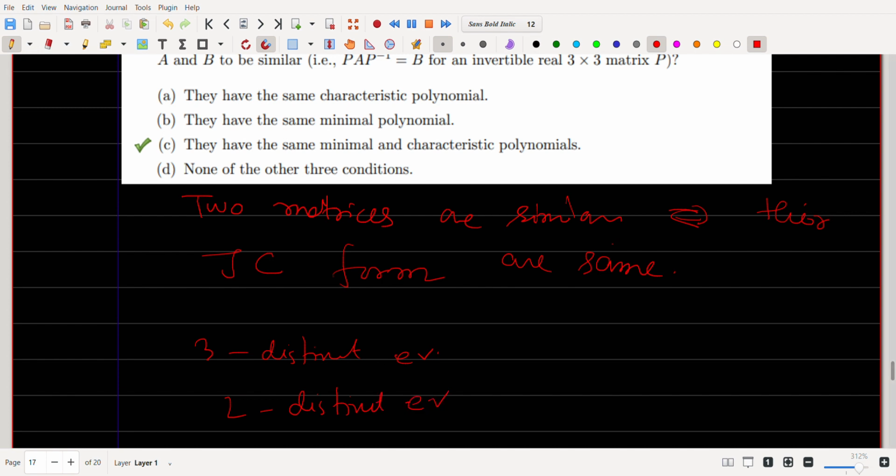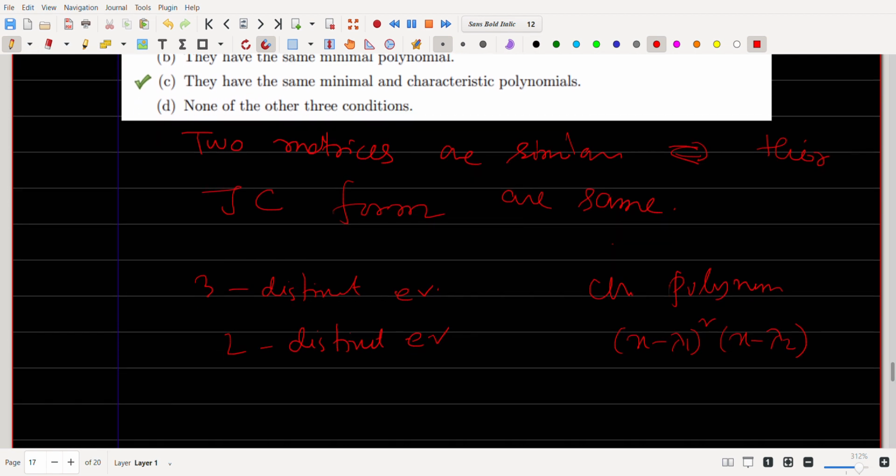Now say 2 distinct eigenvalues. Right? So that means the characteristic polynomial must be x minus lambda 1 square times x minus lambda 2, for some lambda 1 and lambda 2. Lambda 1, lambda 2 can be complex numbers, we are not interested in that. So that is true, right?